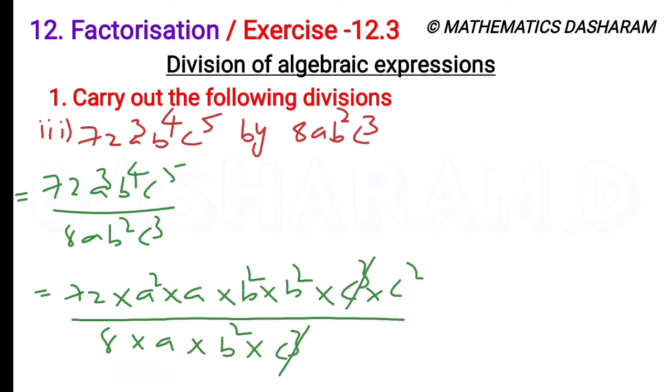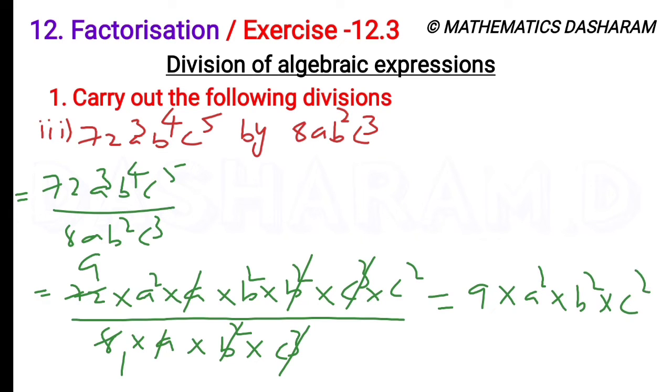Here c cube, b square, a cancel. 8 ones are 8, 8 nines are 72. So the numerator is 9 into a square into b square into c square and the denominator is just 1. So it is equal to 9a square b square c square.